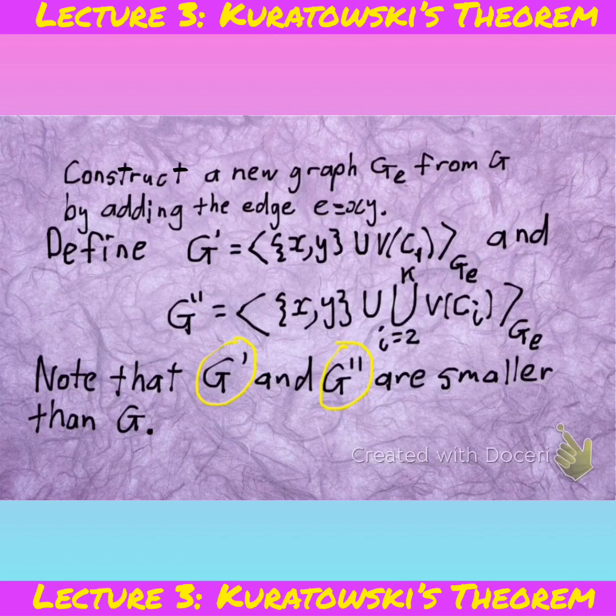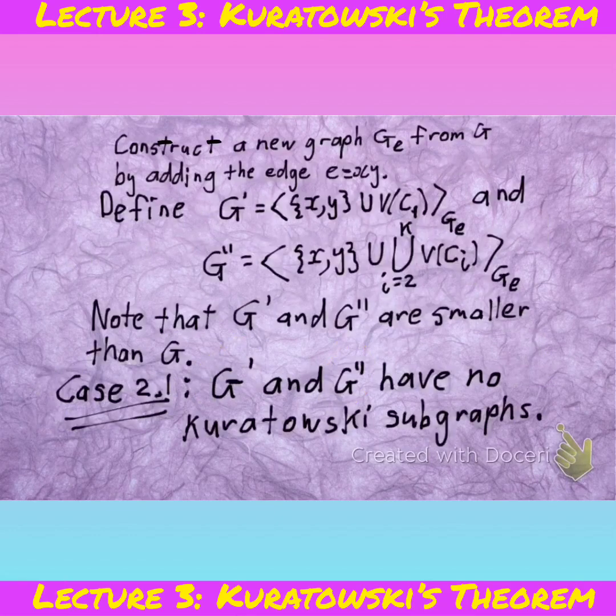So remember, we chose G to be the smallest counterexample, so that our choice of G is still going to play a part in the planarity of G prime and G double prime. All right, so let's consider two cases.